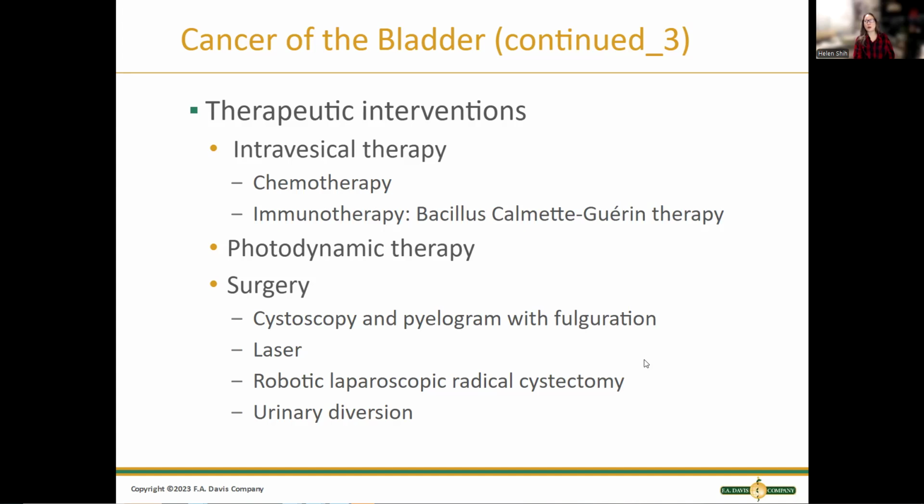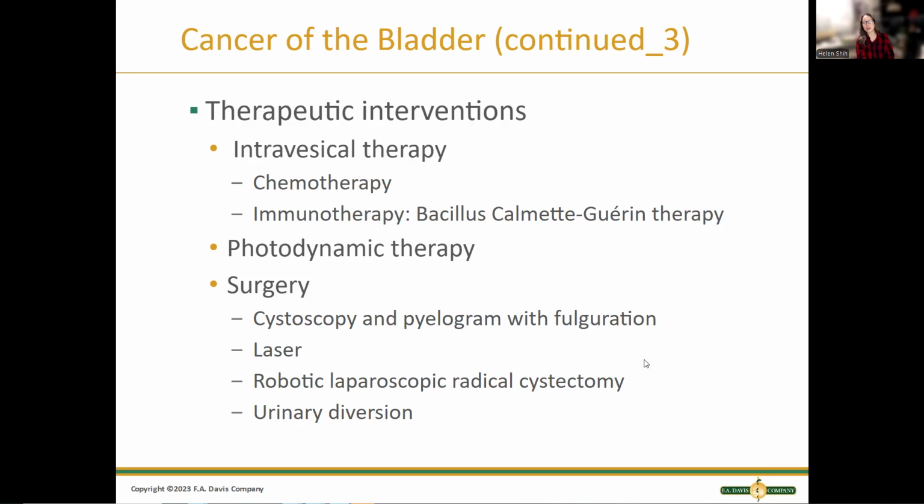Photodynamic therapy is where we introduce an agent into the bladder, and then the cancerous cells in the bladder will soak up this medication, which makes them more vulnerable to light. Then we put the instrument into the bladder in order to expose the cancer cells to a specific type of light, which activates the medication that was given in order to make these cells more vulnerable.